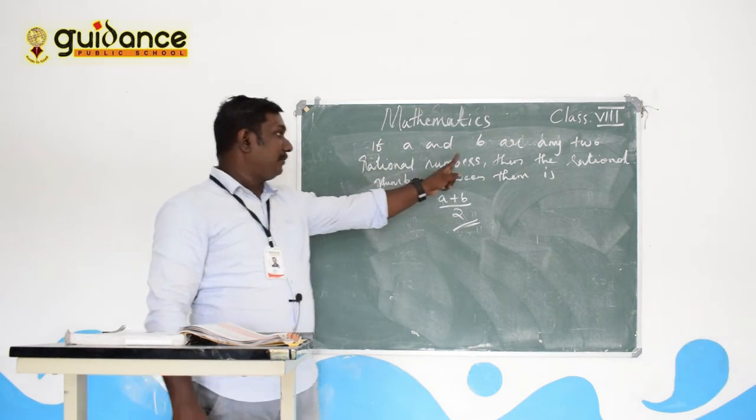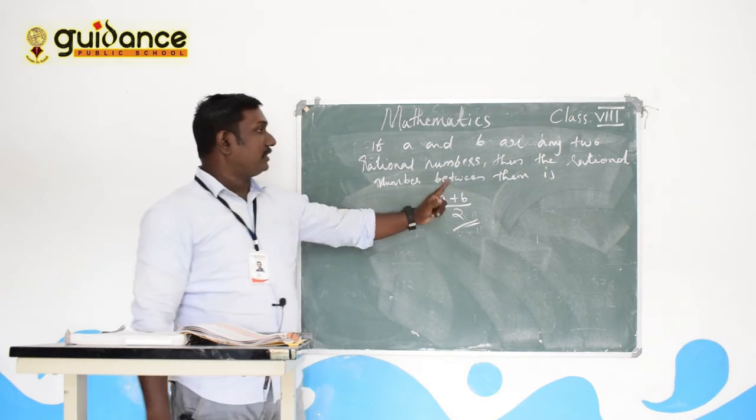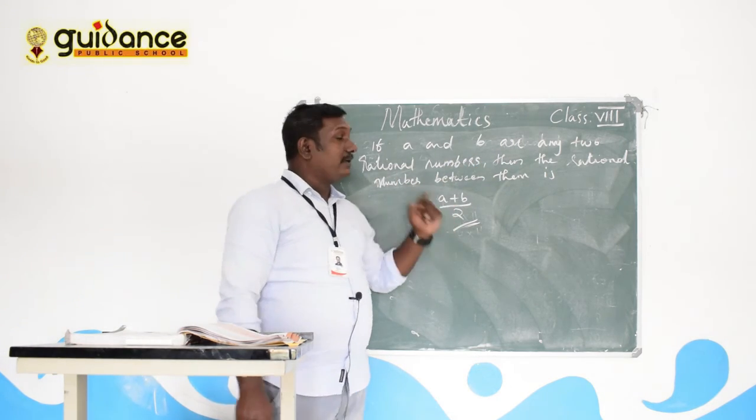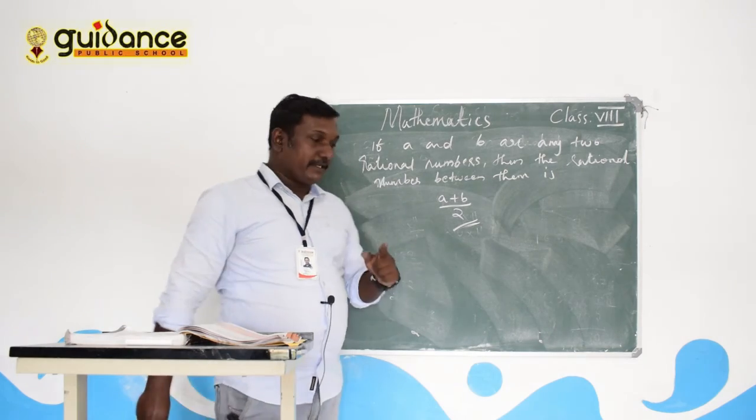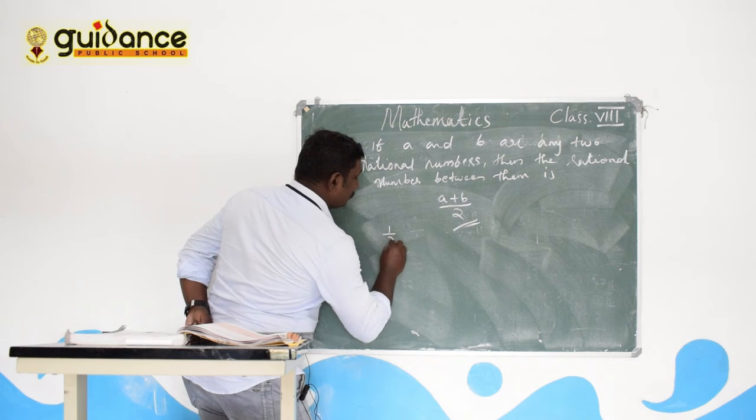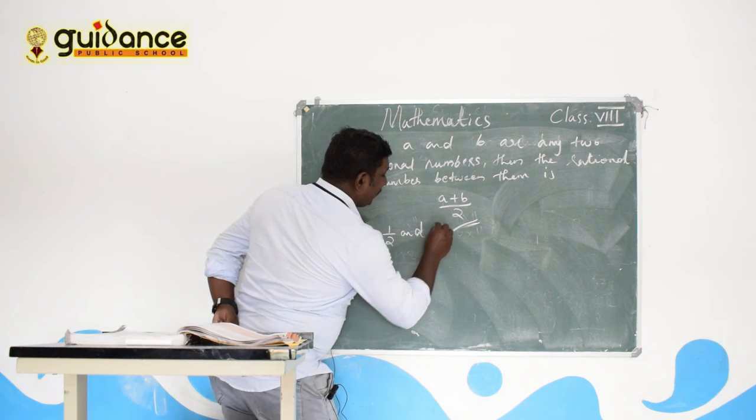If a and b are any two rational numbers, then the rational number between them is a plus b by 2. For example, 1 by 2 and 1 by 3.